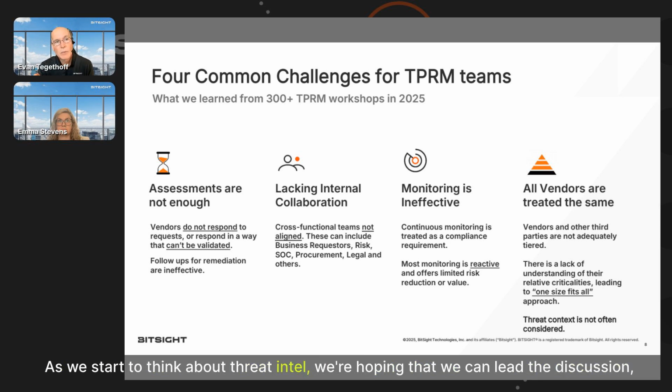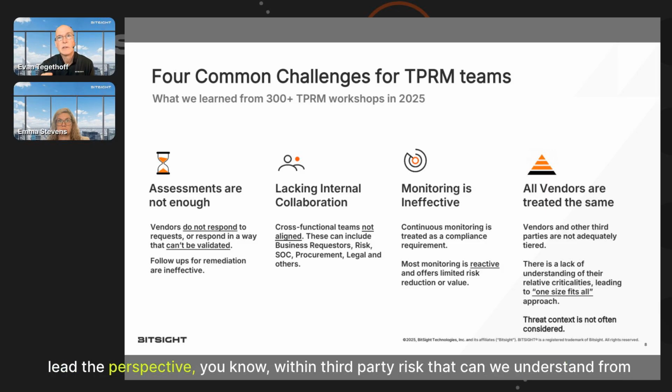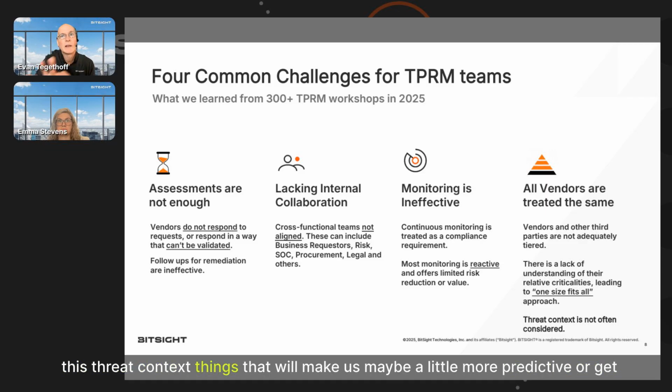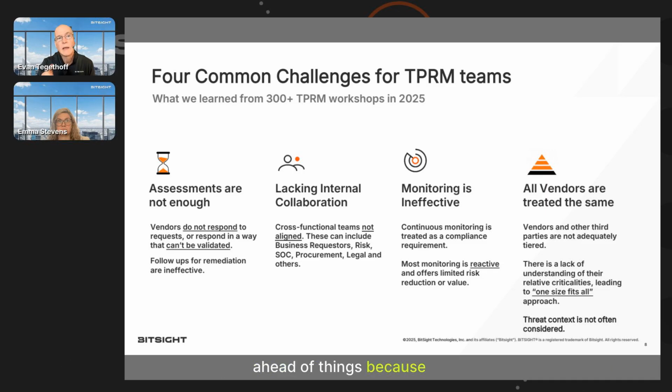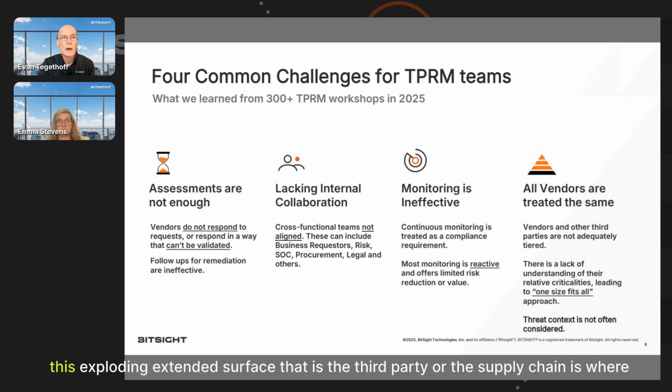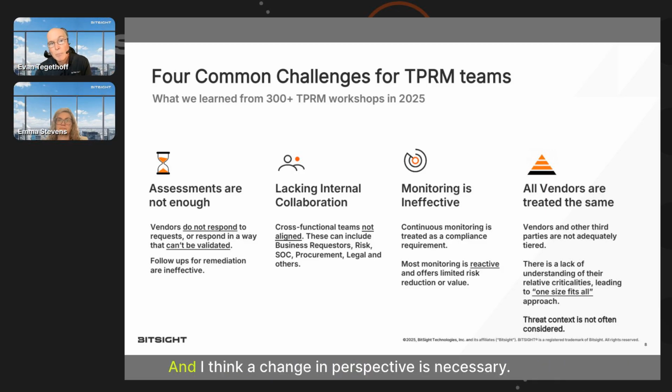As we start to think about threat intel, we're hoping that we can lead the discussion, lead the perspective, within third-party risk, so that we can understand from this threat context things that will make us maybe a little more predictive or get ahead of things, because this exploding extended surface that is the third party or the supply chain is where most of this is happening, and I think a change in perspective is necessary.